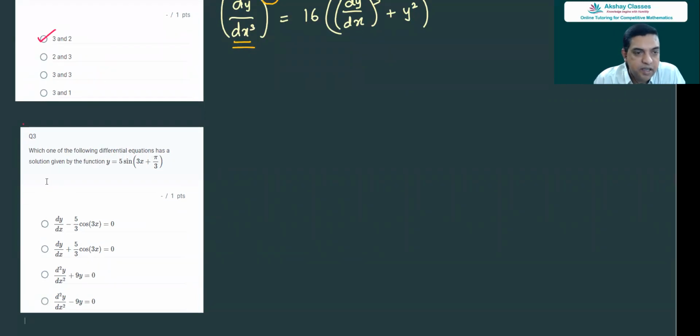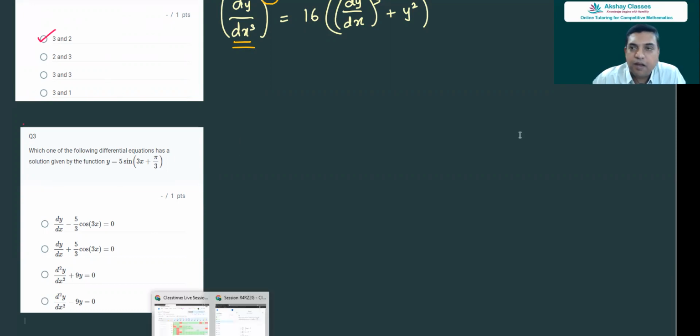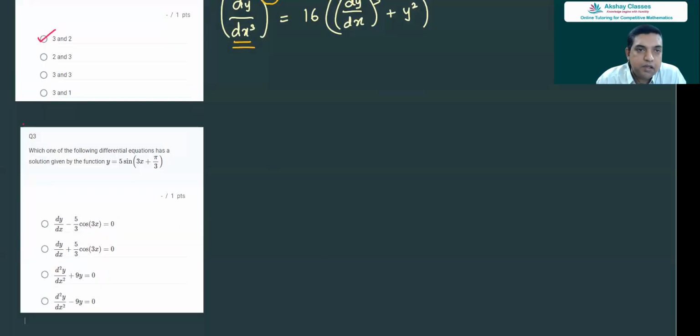In this case, which one of the following differential equation has this solution? So there's a solution. We have to find the differential equation. To find the differential equation, what we need to do is to differentiate it.